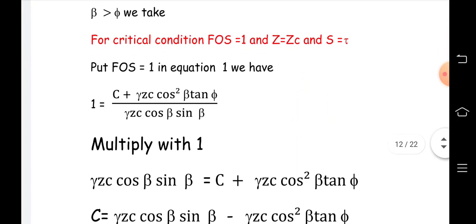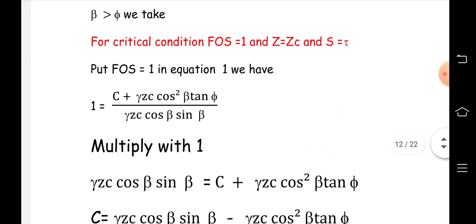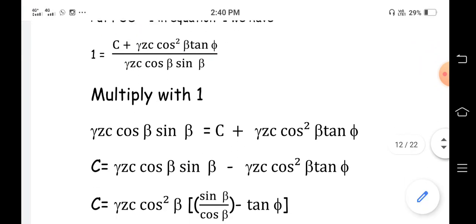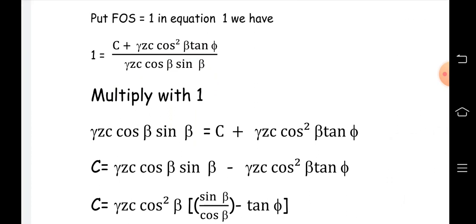1 equals C plus gamma Zc cos square beta tan of phi, upon gamma Zc cos of beta sin of beta. If we multiply with the 1, this term comes to this side: gamma Zc cos of beta sin of beta is equal to C plus gamma Zc cos square beta tan of phi.